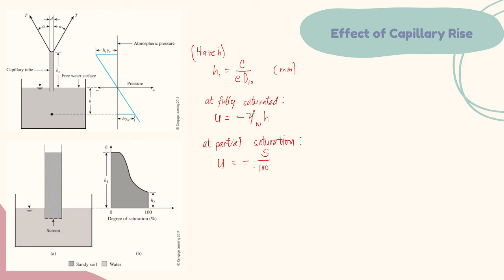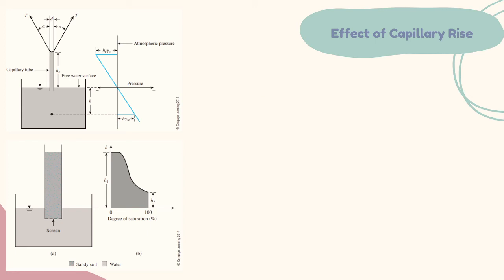So you have to divide by 100 when your degree of saturation is expressed in percent, but if in decimal, you don't have to divide by 100, times the unit weight of water times the height h. So again, our h is measured from the surface of the groundwater table or the free water surface.